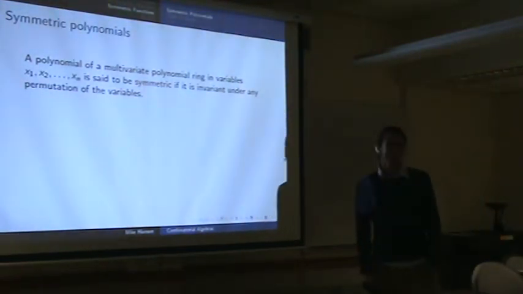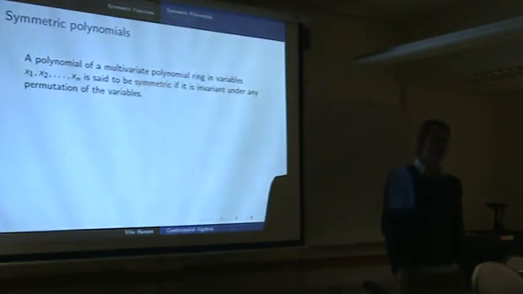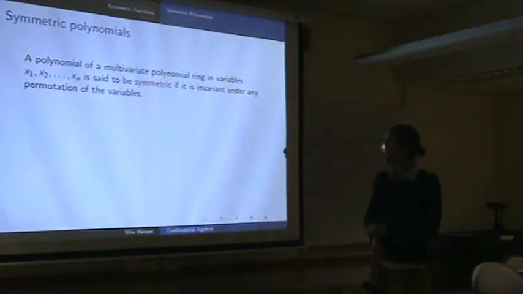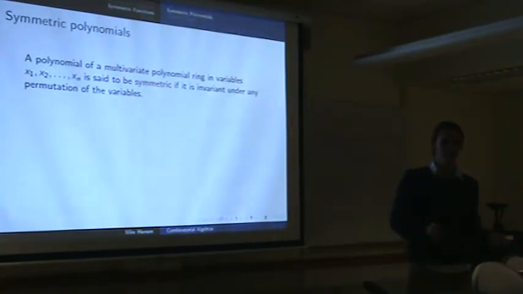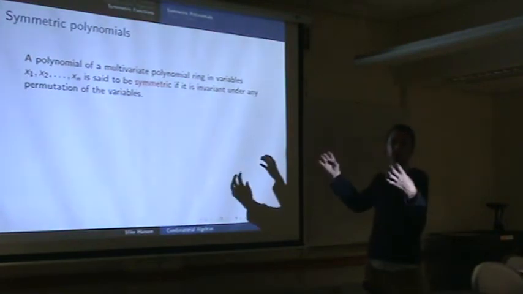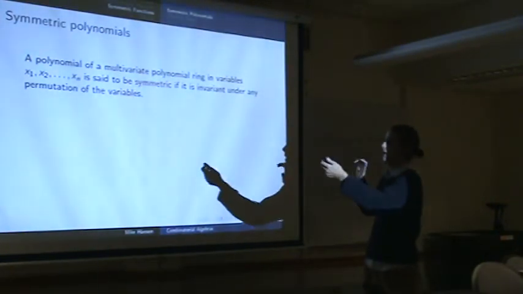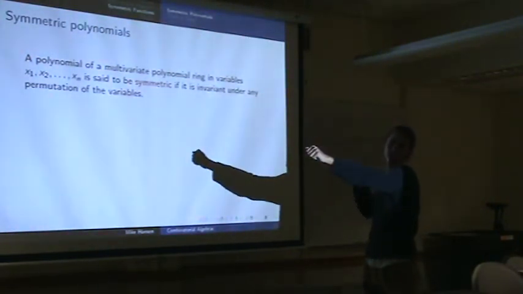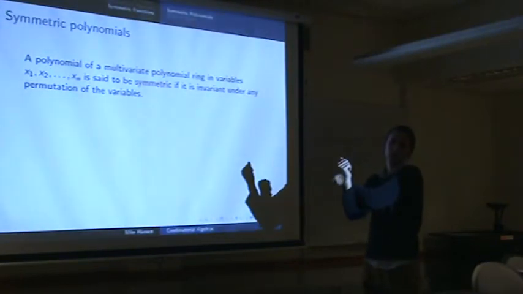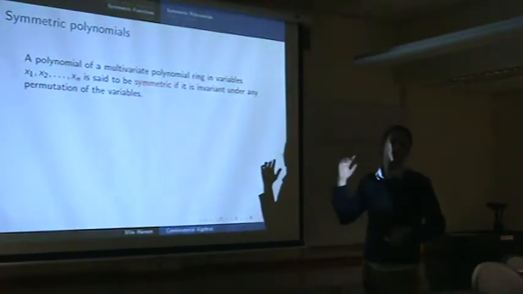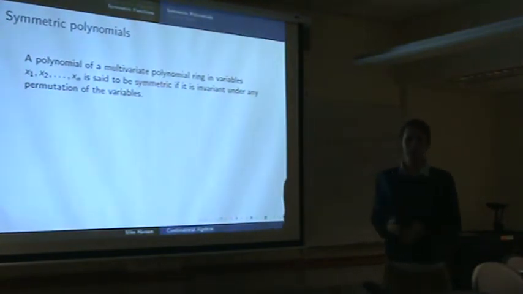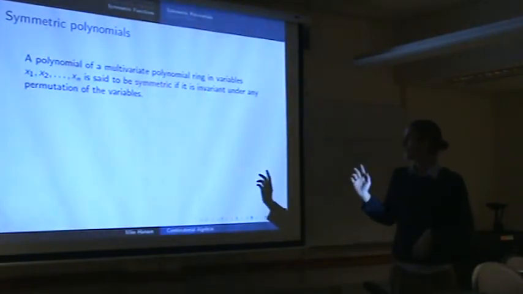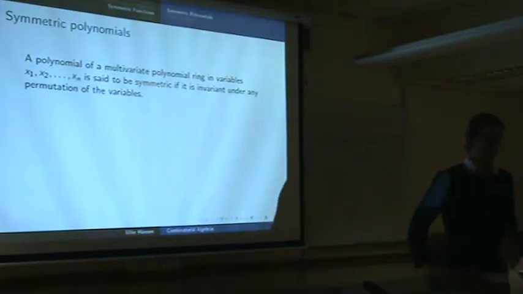A polynomial of some multivariate polynomial ring, say in n variables, is said to be symmetric if it's invariant under any permutation of those variables. So say we have some multivariate polynomial, and we swap all of the x2s with x3s. If we do that and get the exact same polynomial for any permutation, then we call it symmetric.